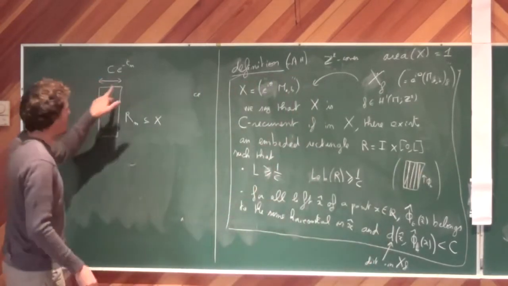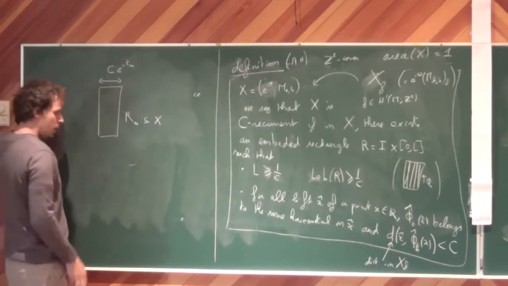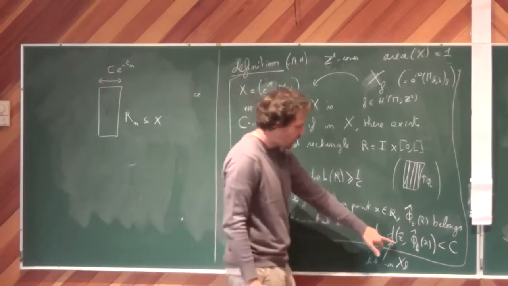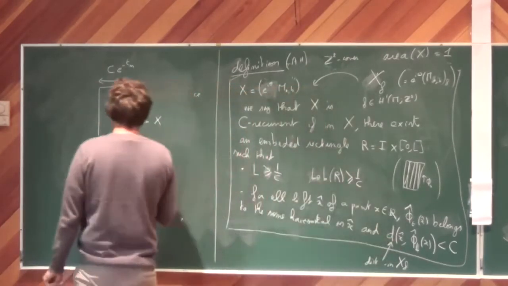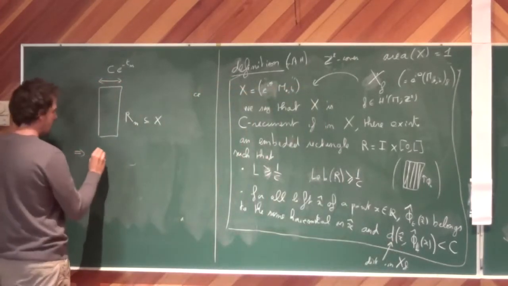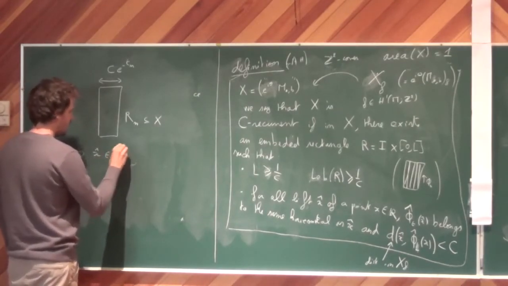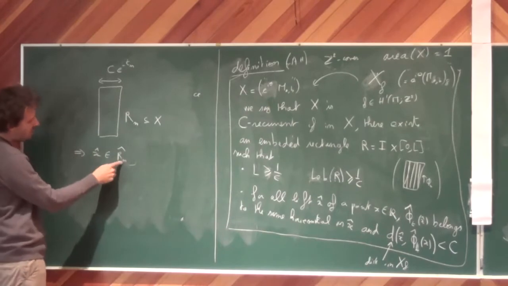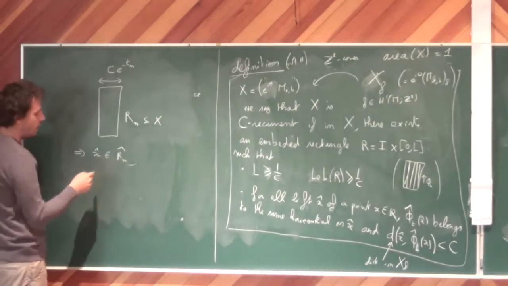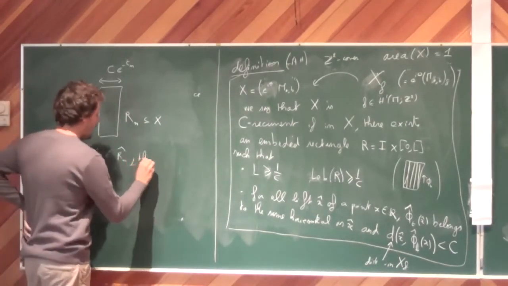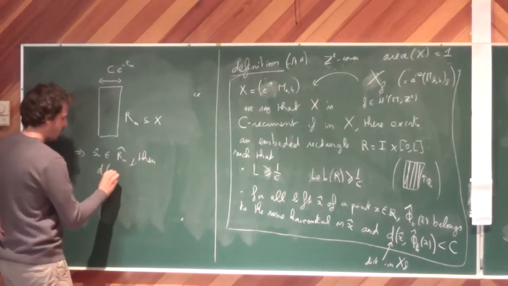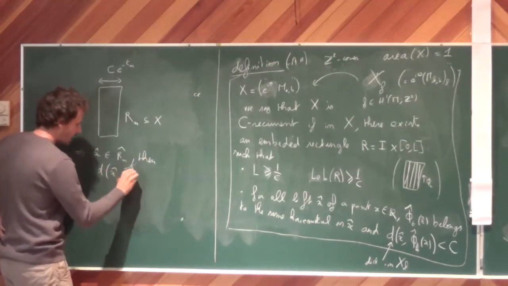So if I pull backward, this is very small. So this implies that in the lift, if x hat belongs to a lift of R_n hat, so I write this way, this means that I pick a lift of R_n, then a distance from x hat to phi hat.